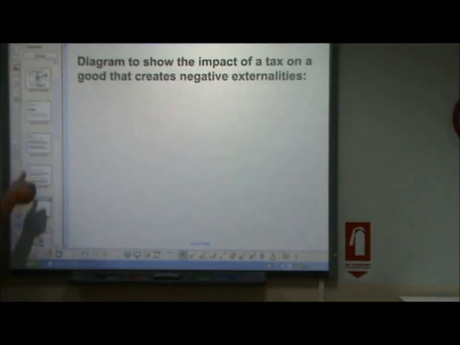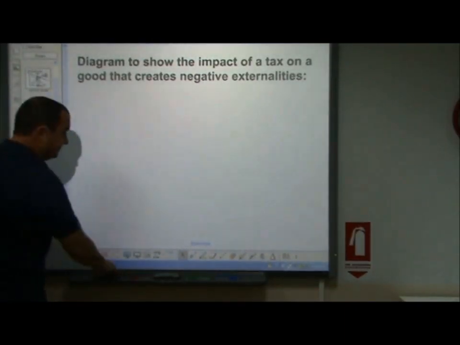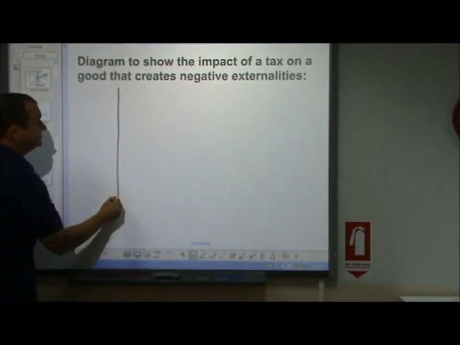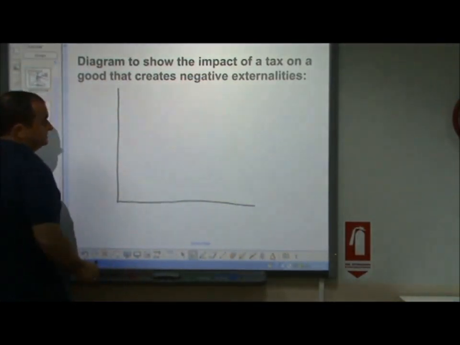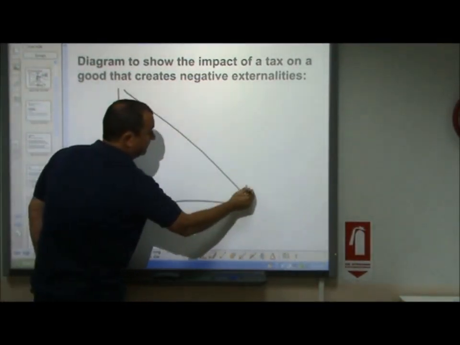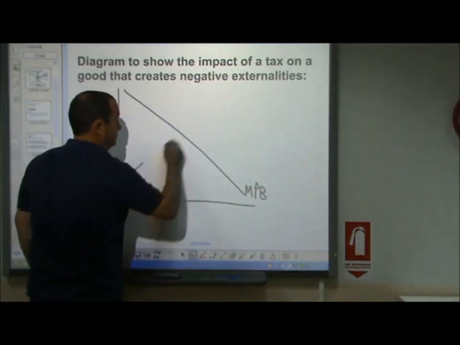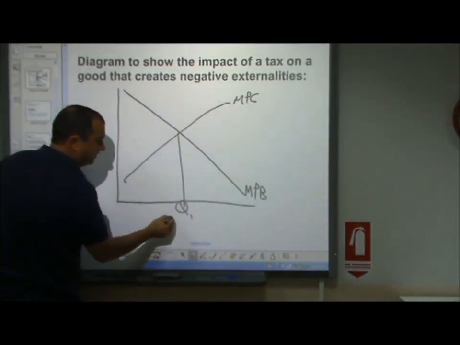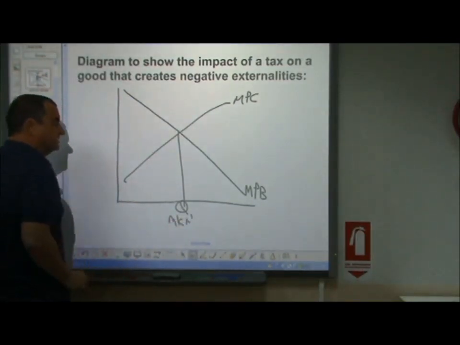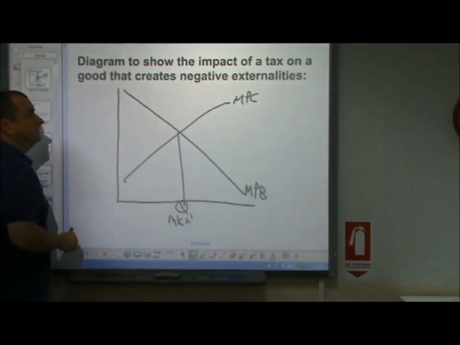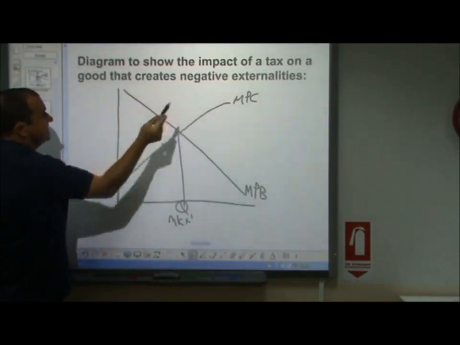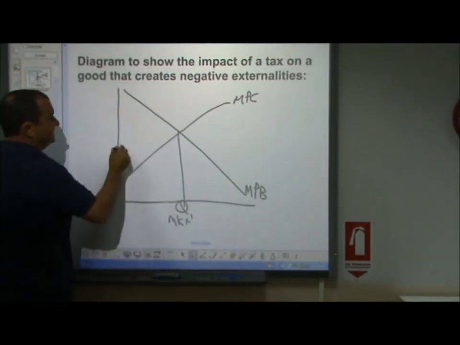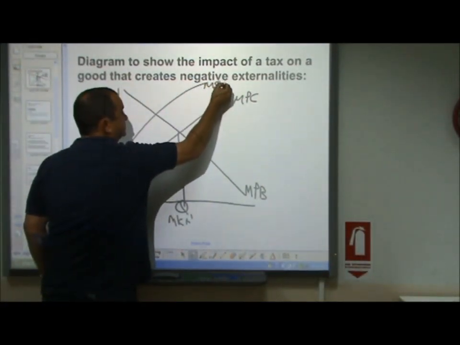So let's create a diagram to show the impact of a tax on a good that creates negative externalities. Well, as you know, we start all externality diagrams in the following way. Marginal private benefit, marginal private cost. There is the Q1, that's the market-generated level of output. And if it's a good that creates negative externalities, I'm going to add to the costs. There's marginal social costs.